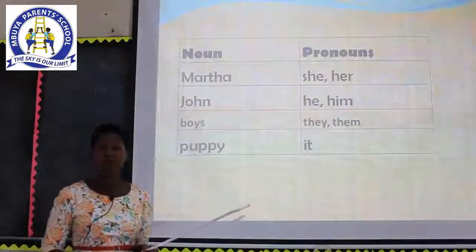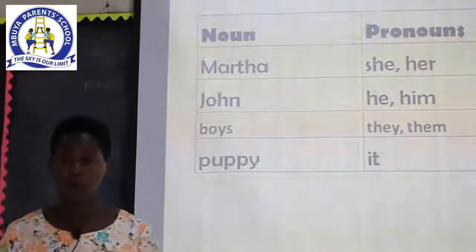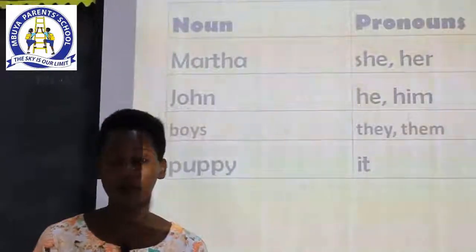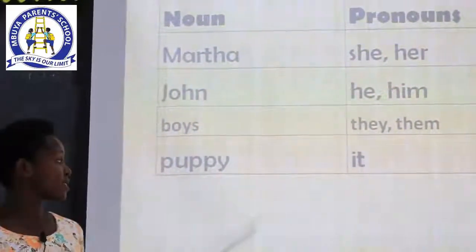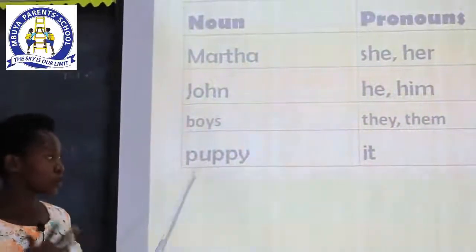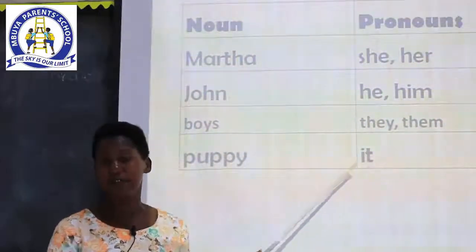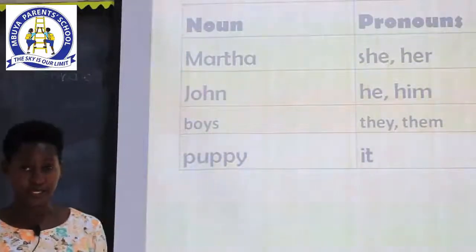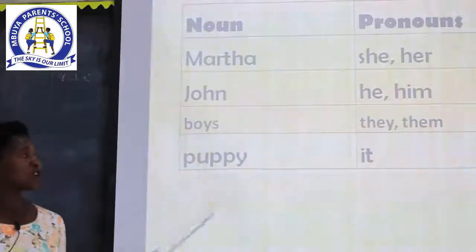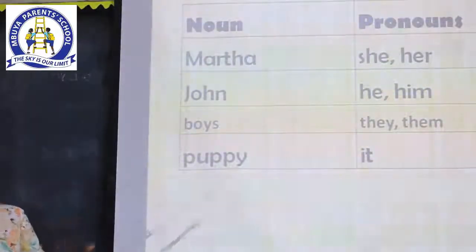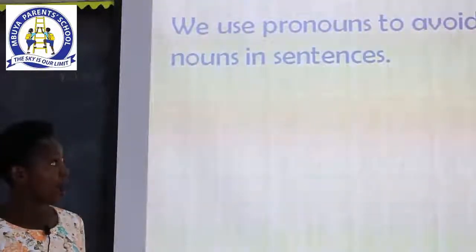Puppy is a name of an animal. We can either say puppy or dog or calf, any other name for animals. Instead of saying puppy or dog, we can replace it with it. Are we moving together? So pronouns are words used in place of a noun.